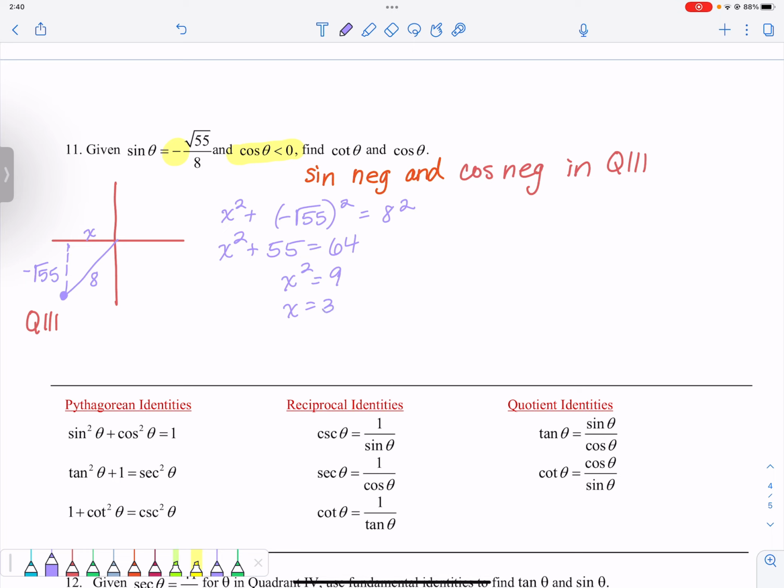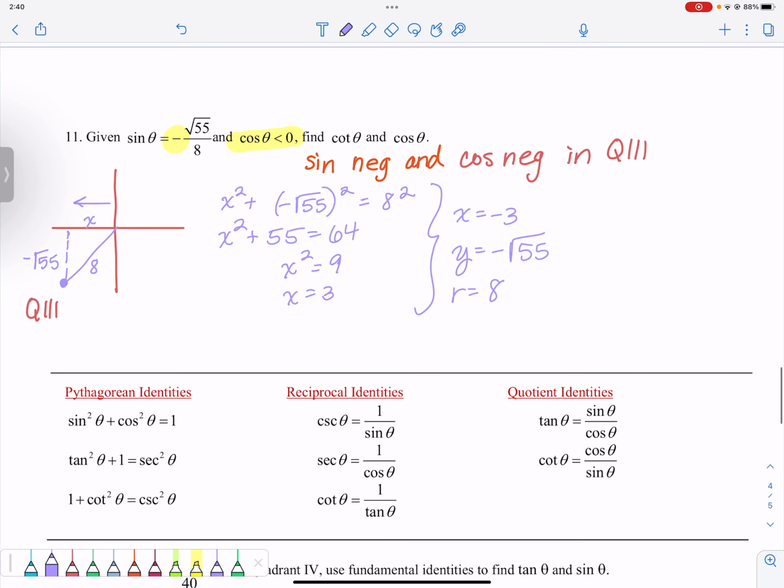So this x is going to be negative, okay? So keep in mind, we have x is negative 3, as you can see, negative 3. X is negative, and the y is negative. Y is the opposite of the root 55, and of course our radius is always positive.